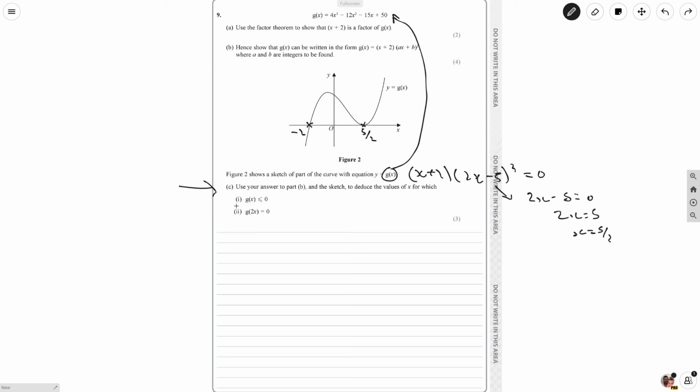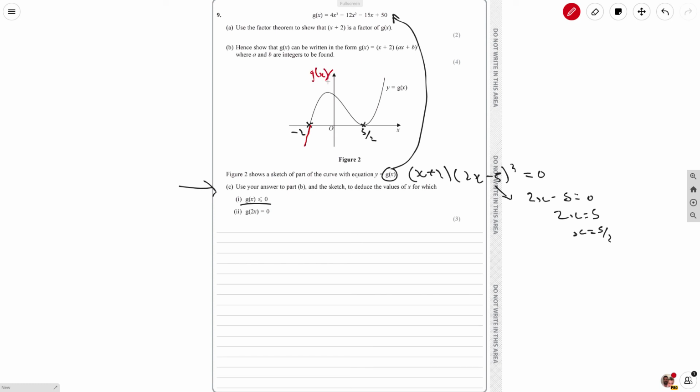So what is it asking us to actually do? In part C, it says use your answer to part B and the sketch to deduce the values of x for which the function is less than or equal to 0. So let's draw that and visualize what it means. When we're talking about the function, we can cross this y out and think of it as the function.